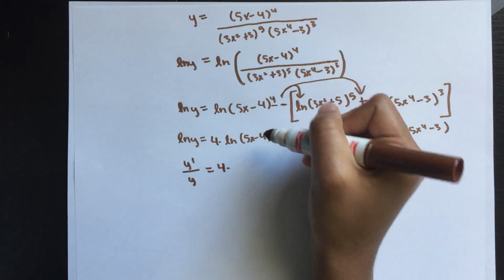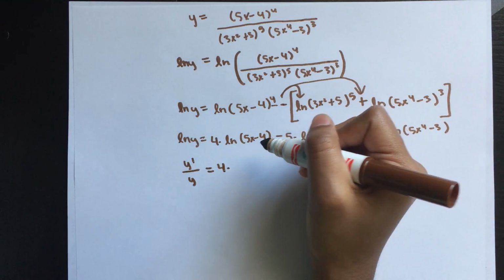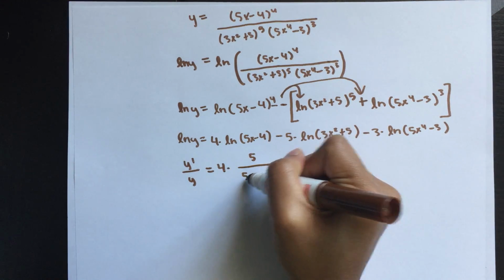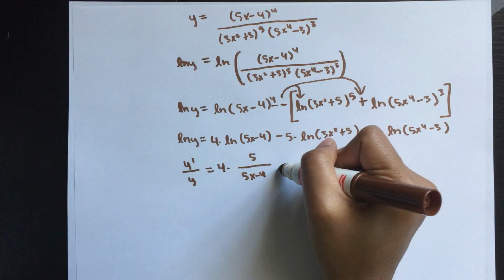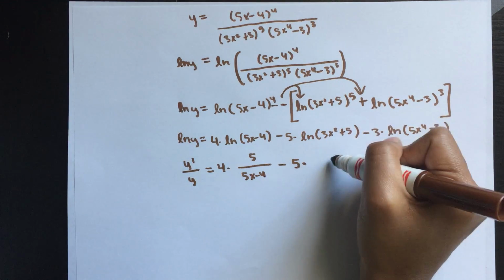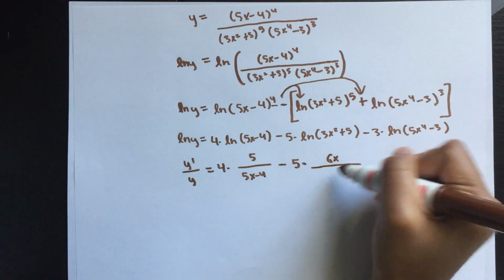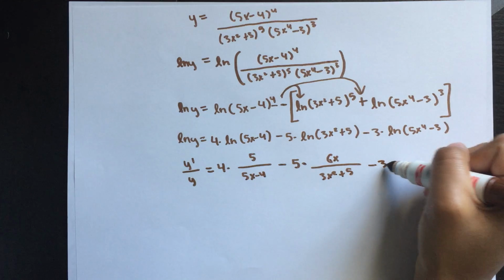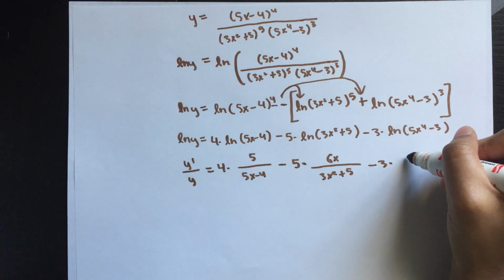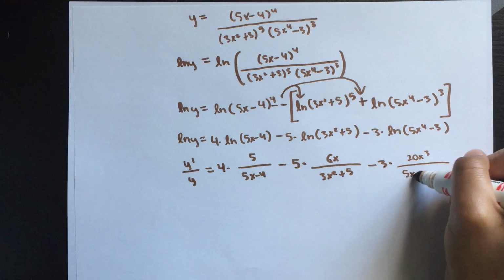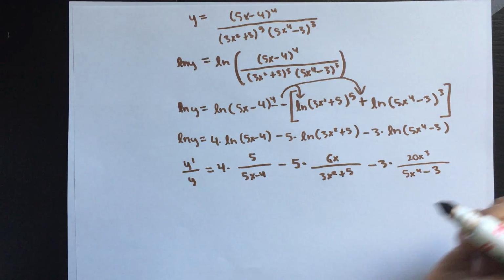And then using that same rule, for the natural log of 5x minus 4, it would be 5 over 5x minus 4, because 5 is the derivative of 5x minus 4, minus 5 times, and the derivative here is 6x over 3x squared plus 5, minus 3 times, and here it's 20x cubed over 5x to the fourth minus 3.